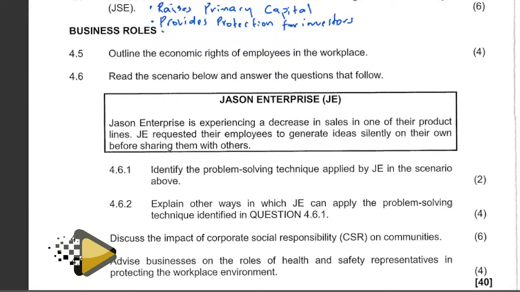Lastly, it encourages short-term investment. Okay, right. So now let's move on to the next question.